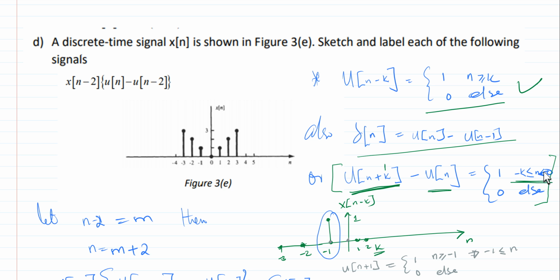So the range will start with minus k, less than or equal to n, and n is less than 0, and not less than or equal to. Therefore, we are clearly only left with this term.